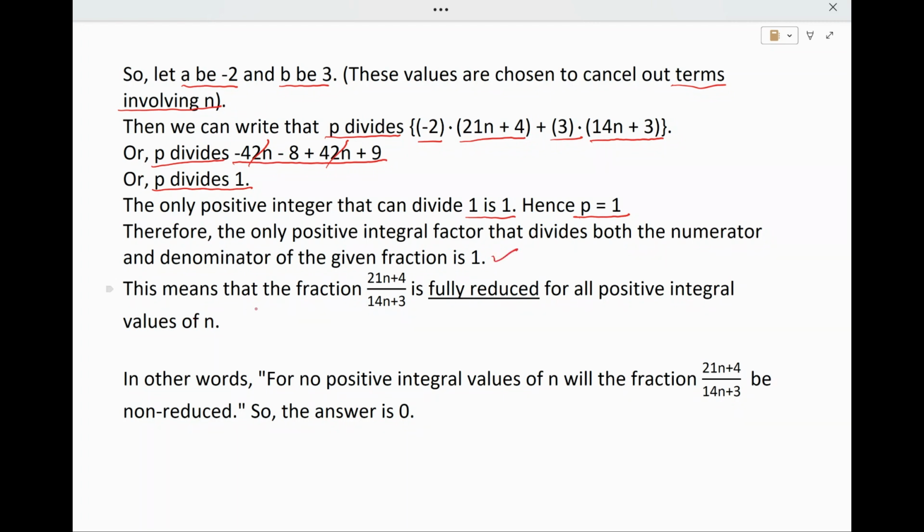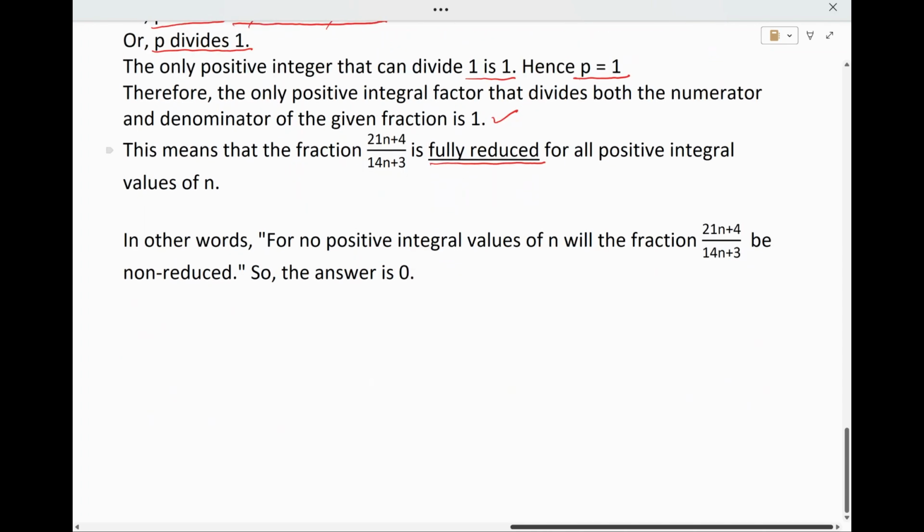This means that the fraction (21n + 4) divided by (14n + 3) is fully reduced for all positive integral values of n. In other words, for no positive integral values of n will the fraction be non-reduced. So the answer is 0.